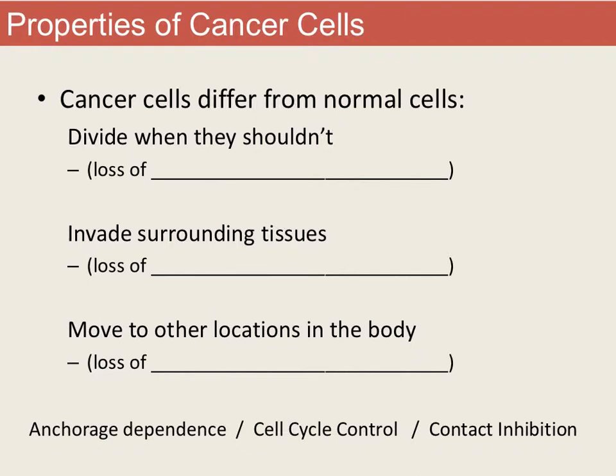So, cancer cells differ from normal cells. They divide when they shouldn't. On the bottom, we see anchorage dependence, cell cycle control, or contact inhibition. Which one is it? Cell cycle control. Good.